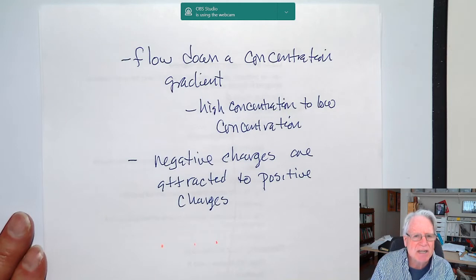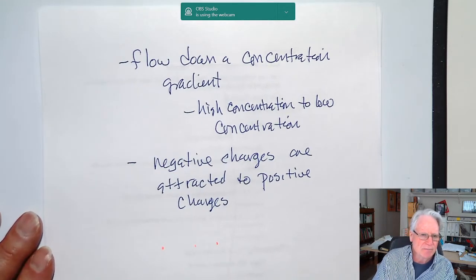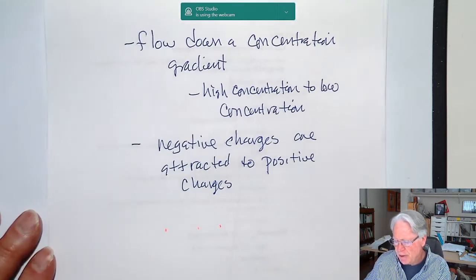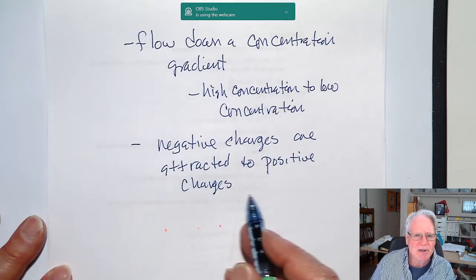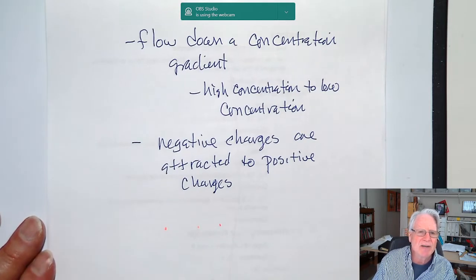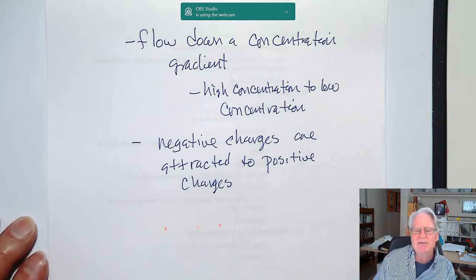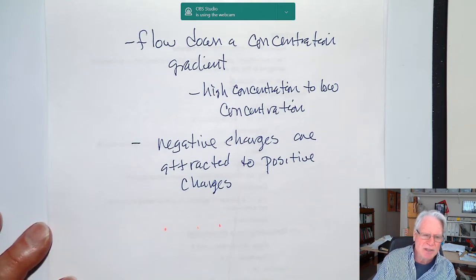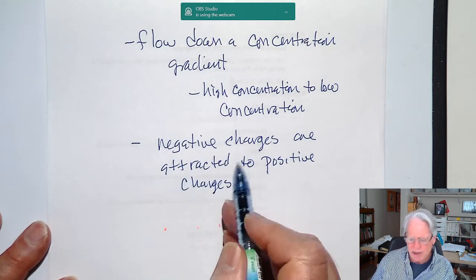And they can move, if we allow them to move, through specialized types of proteins. And in so moving, we can get work done. Okay? What you'll see, for example, is that action potentials take advantage of this property right here. That is the things that allow you to think, to move your muscles, to secrete substances from your glands, for your nervous system to control your body. It's all done through action potentials. And those action potentials are only possible because we have created that difference in concentration across the membrane.